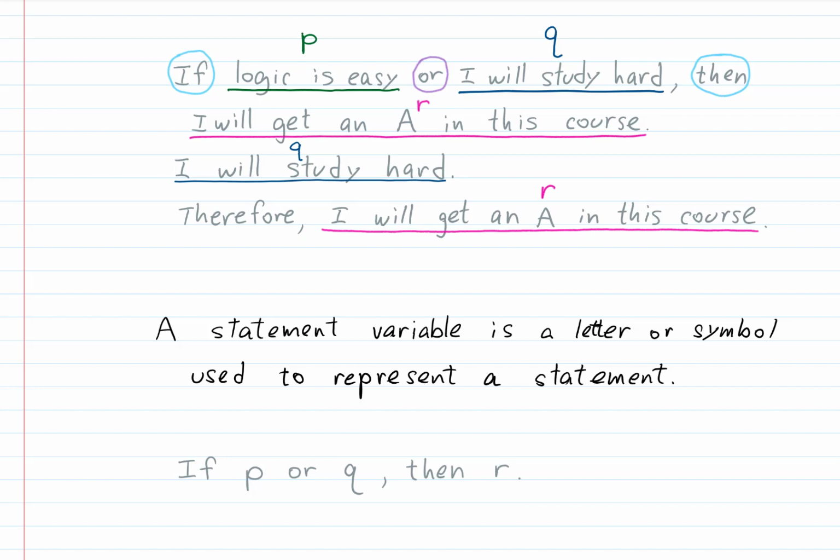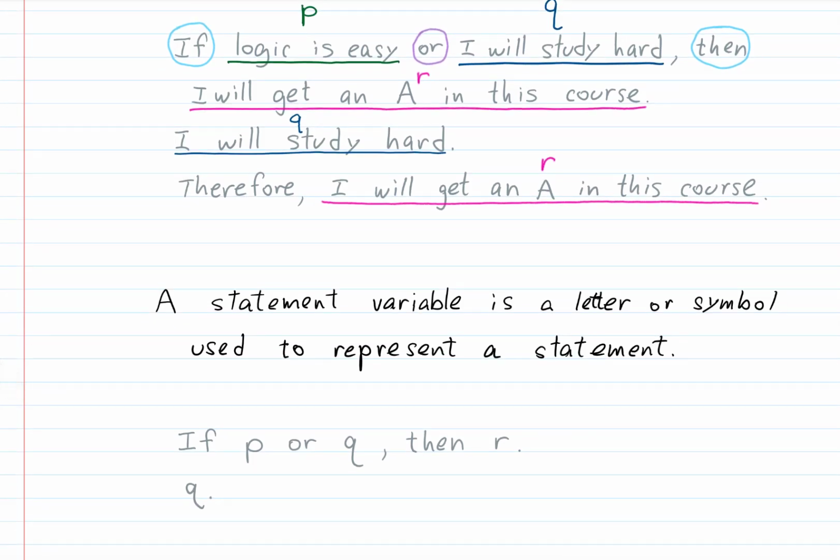Second statement, Q, period. Third statement, therefore, R, period. Okay? So that's what we would call the argument form, you see.